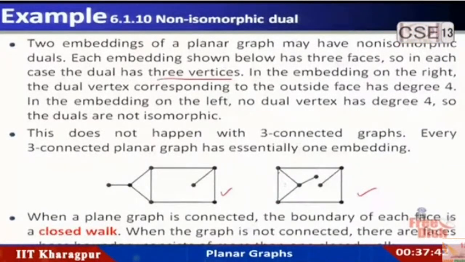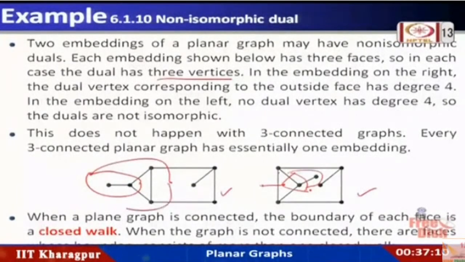Why? Because this is one region, 1, 2, so we can see that it has degree 4. But as far as this other one is concerned, it will not have degree 4. Here in the outside face, we count 1, then 2, then 3, then 4 and 5.